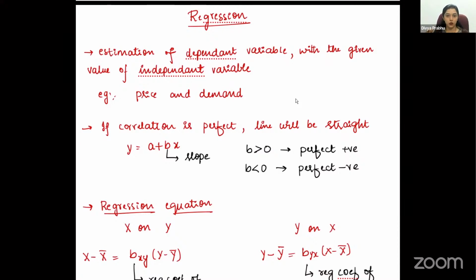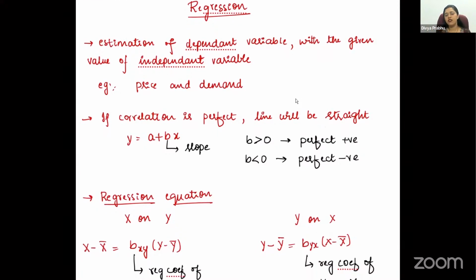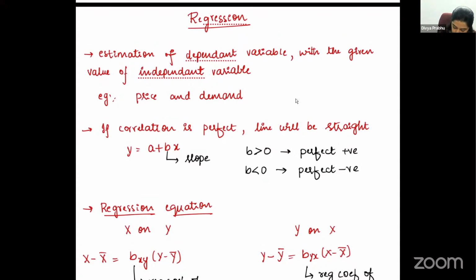Now, what is regression? Why are correlation and regression put together in the same chapter? Once we know that there is some sort of relationship between two variables, say between price and demand, there is a negative correlation, because when price increases, demand falls, and when price falls, demand increases. But to understand, at a given level of one variable, what the effect on the other variable will be, let's say when the price is 5, demand is 10.